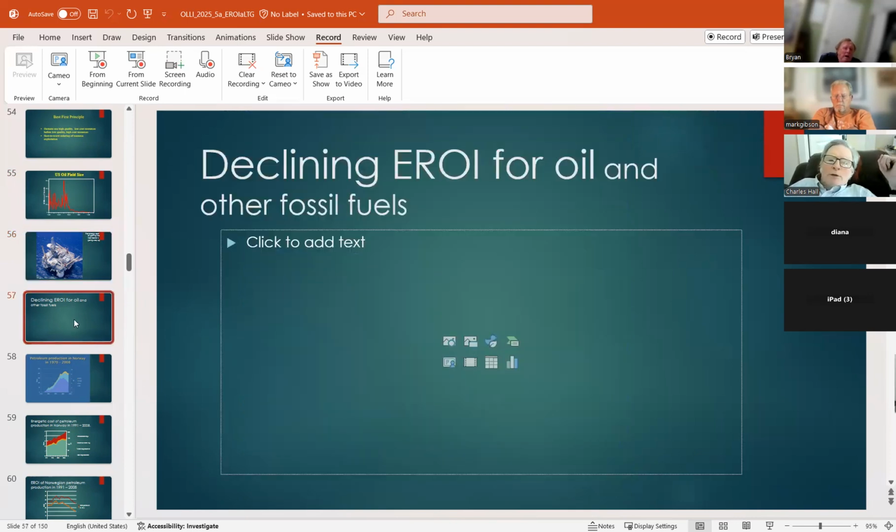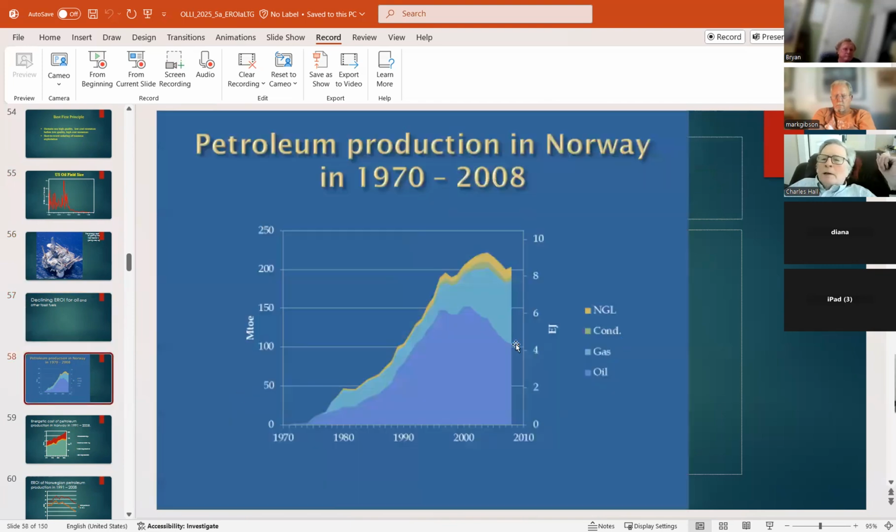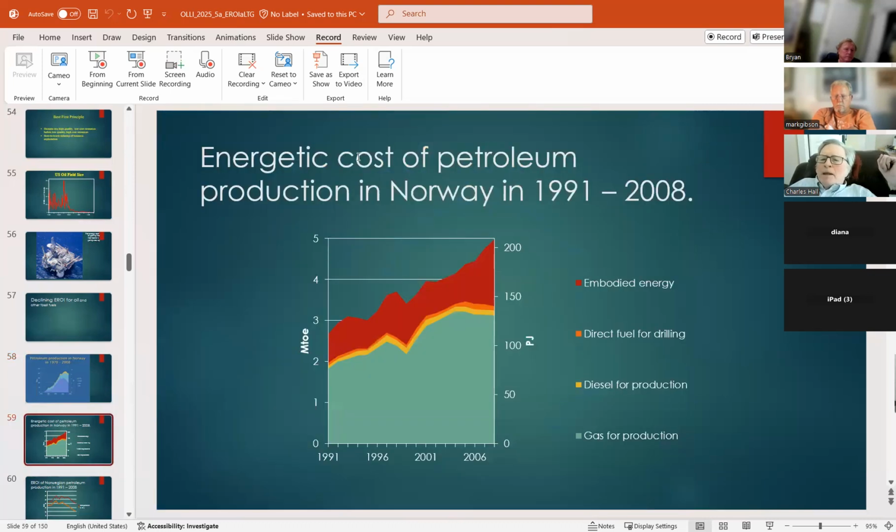So we started doing this EROI for oil. And here's an example, Norway. This is oil and gas and natural gas liquids. And here's the energy cost for Norway from 1991 to 2008.